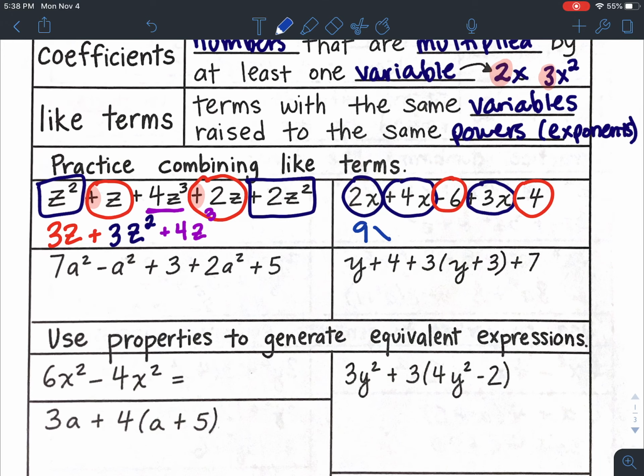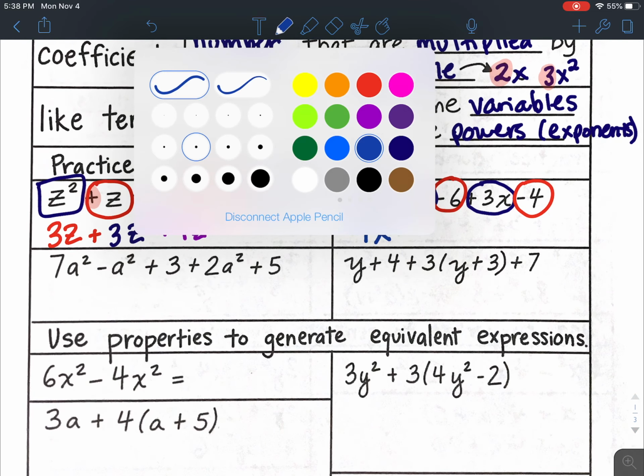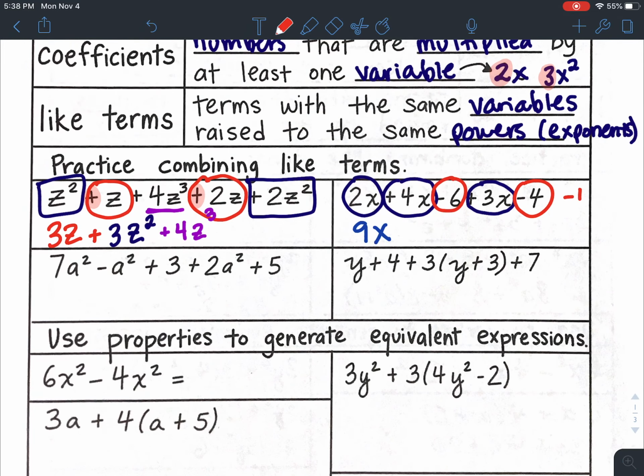I have 9x's. Then I have this off to the side. So I have negative 6, and again, I'm taking that sign in front, minus 4. I'm taking that sign in front again. And we just finished integers, so I should know that this is equal to negative 10. So I have 9x minus 10. And now my expression there is simplified.